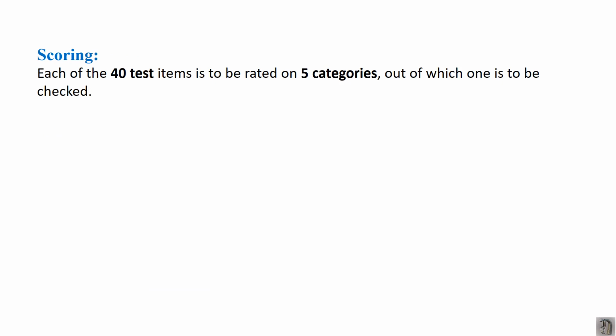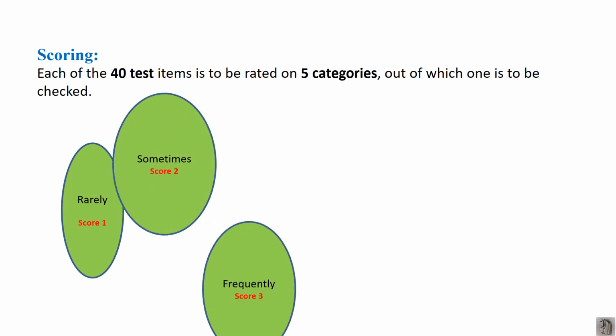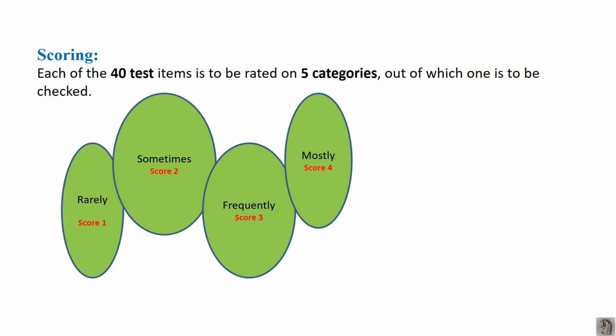checked. Okay, see what are the 5 categories? Rarely, sometimes, frequently, mostly and always. Rarely you have to score 1, sometimes 2, frequently 3, mostly 4, always 5. These are available in the checklist very clearly, you can understand.